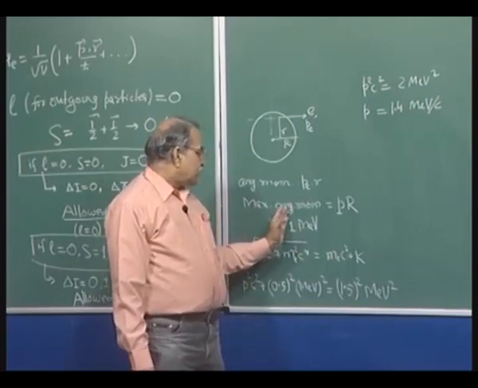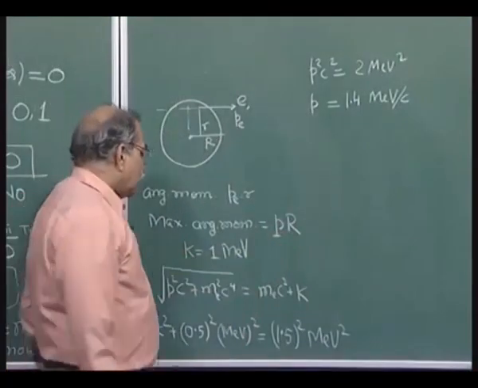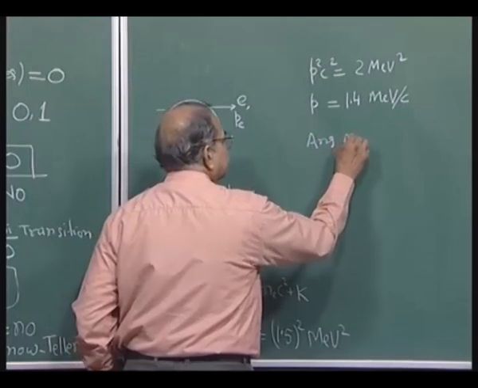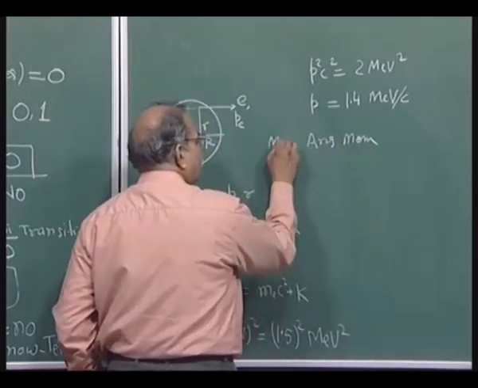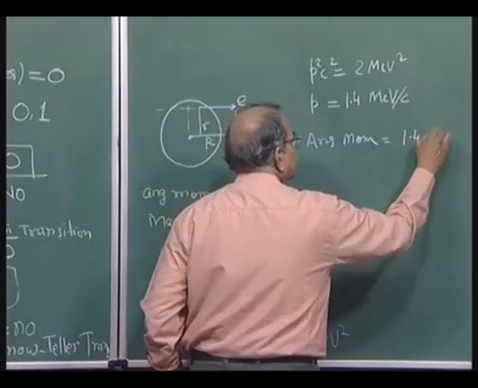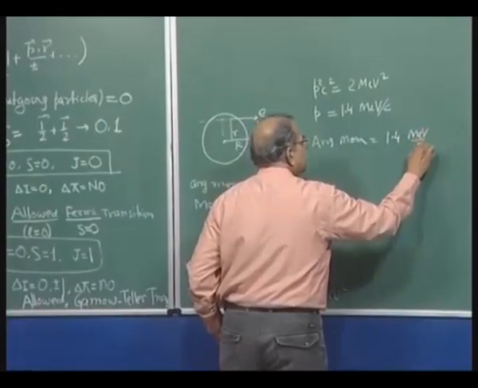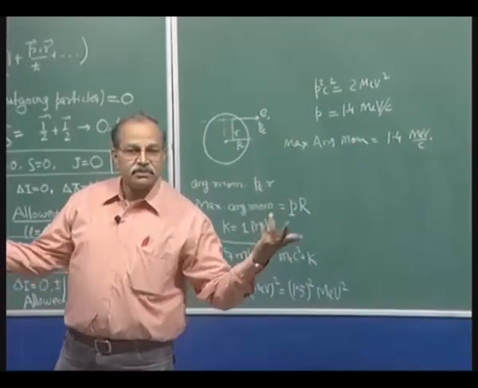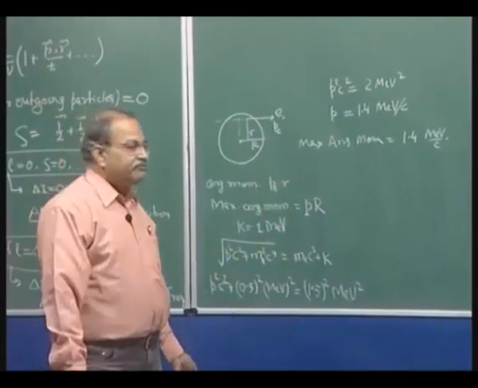So, maximum angular momentum is P into R. So, this maximum angular momentum is 1.4 MeV by C, and into R, typically take R equal to say some 5-6 femtometers.